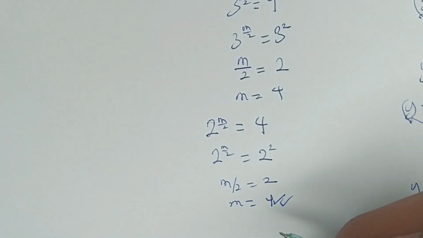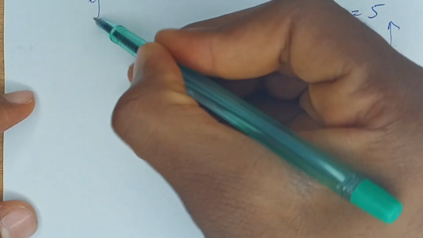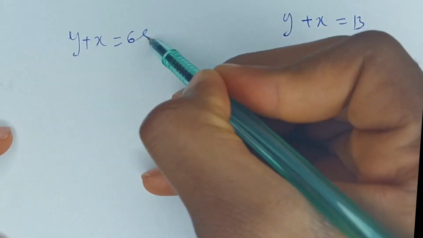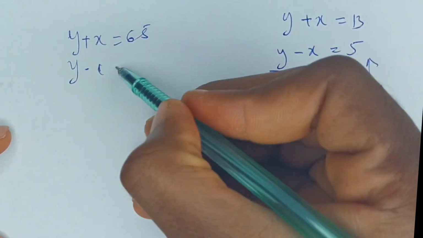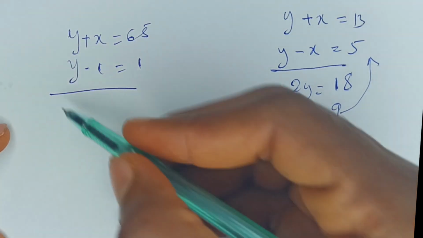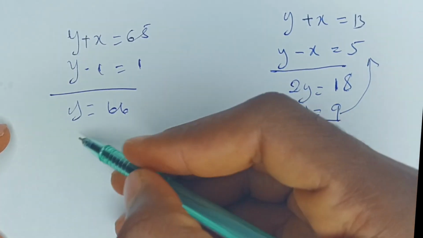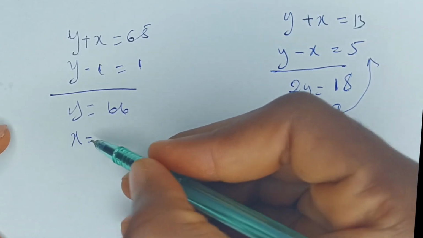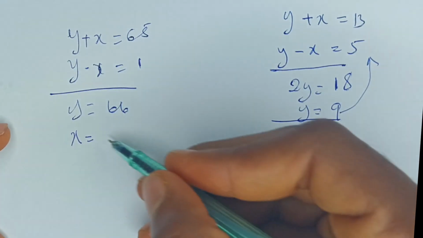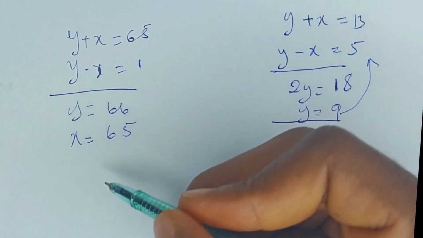Now let's test for our second option, where we had that y plus x will be equal to 65 and y minus x is equal to 1. Adding up these two equations, we have that y will be equal to 66, and now x will be equal to 66 minus 1, which is 65.